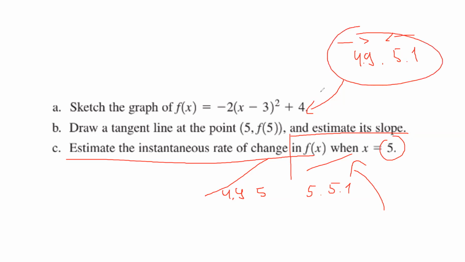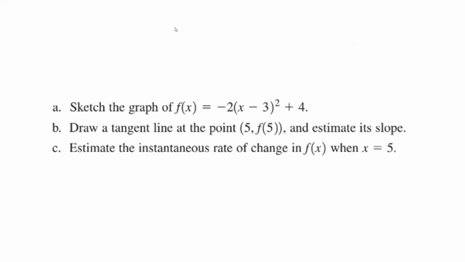Using this method and this method, you're going to get pretty much the same approximation, because 4.9 and 5.1 versus 4.9 and 5 is not a big difference. Pretty much the same, just the idea of approach is different.